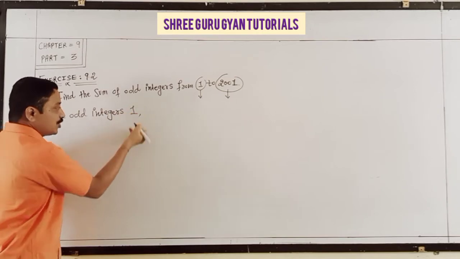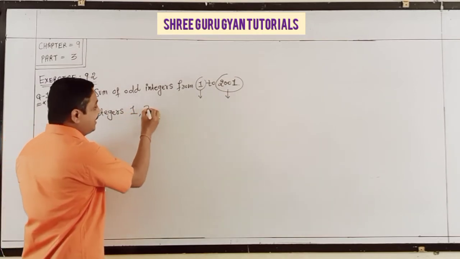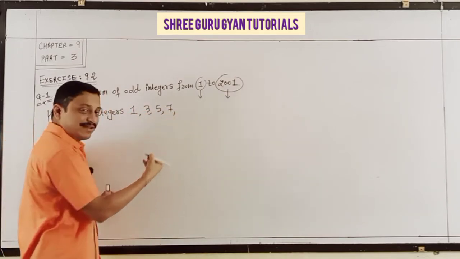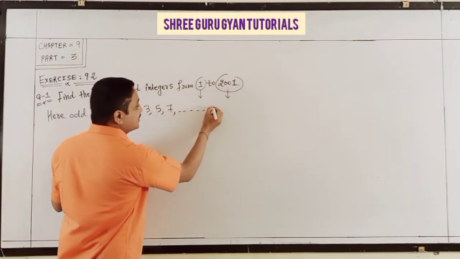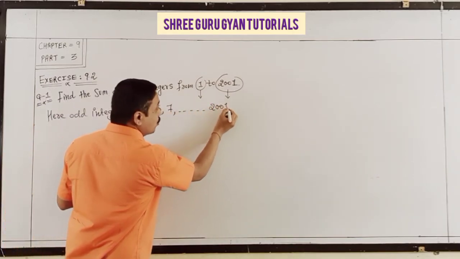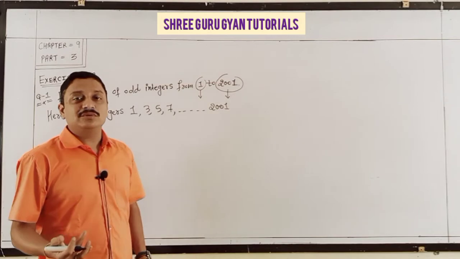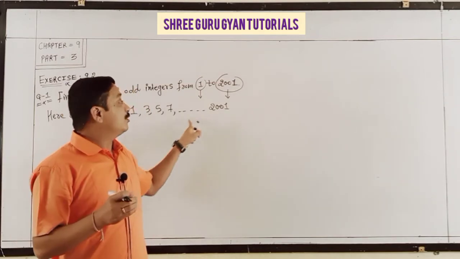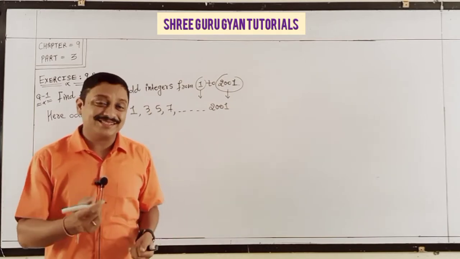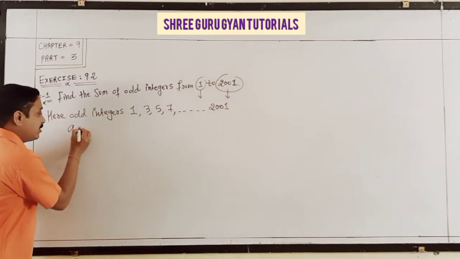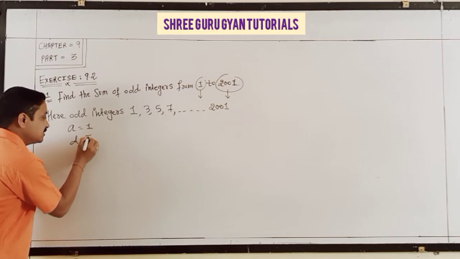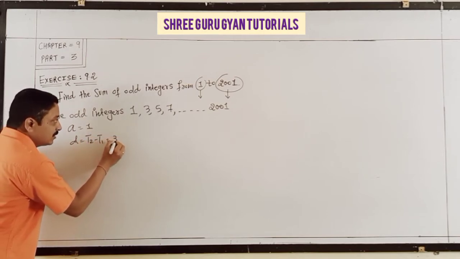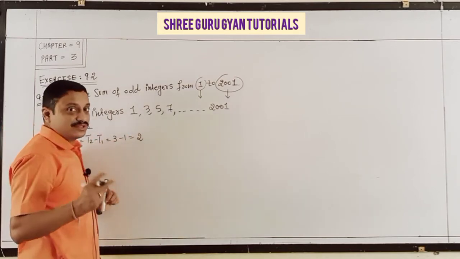1 for sure, next 3, 5, 7 and till the last, 2001. Now I want the summation, but before the summation we find out how many numbers there are. So I go to A1, the difference: T2 minus T1, 3 minus 1, which is 2.